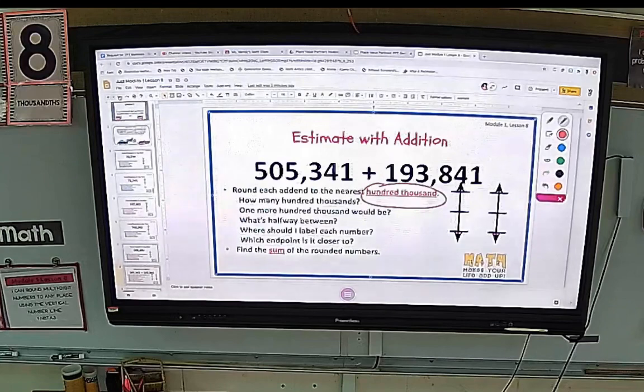I need both of those numbers. Both of them are getting rounded to the 100,000.